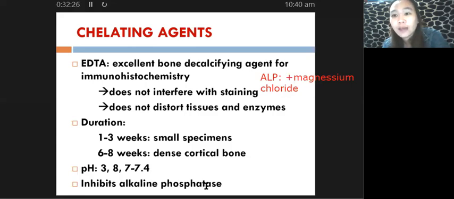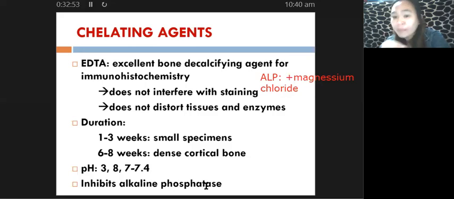So that's why we do not make use of EDTA solutions with an alkaline pH. Just like in the case of your EDTA tetrasodium. Remember, EDTA tetrasodium, what is the original pH? Alkaline. But we have to adjust the pH because we cannot use an alkaline or a basic solution for decalcification.